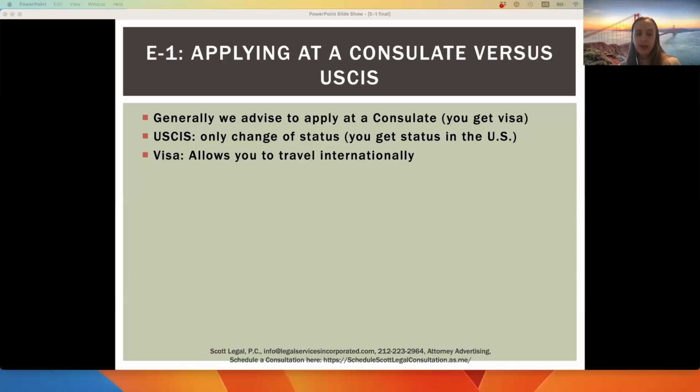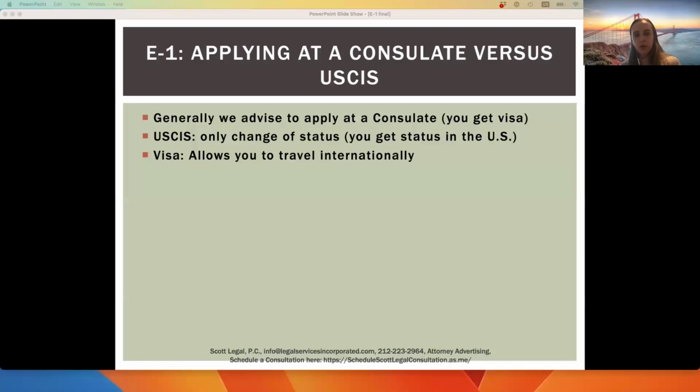The advantage of the change of status is that you can stay in the US while the application is pending, but you do need to wait for the USCIS approval to be able to actually start working for the company. If the change of status is approved, one disadvantage is that it's only going to be approved for 2 years. That's the maximum period of time USCIS will give you.